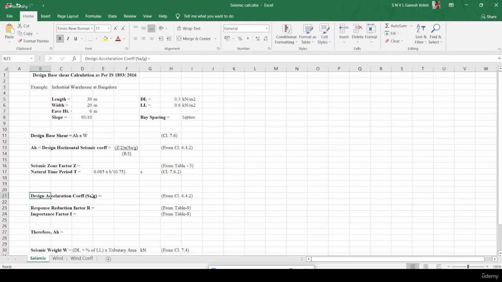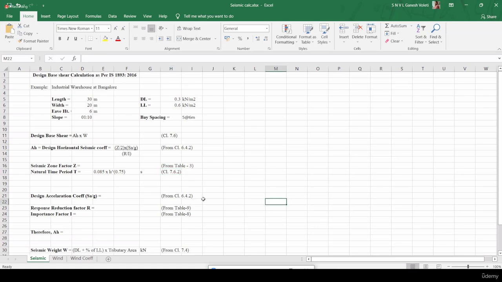To calculate the design acceleration coefficient, we need one more parameter, that is the natural time period. Natural time period can be defined as per clause 7.6.2.